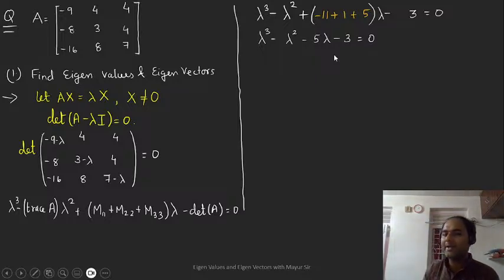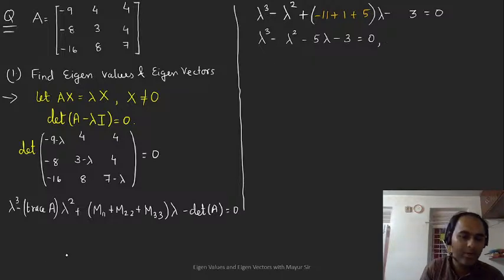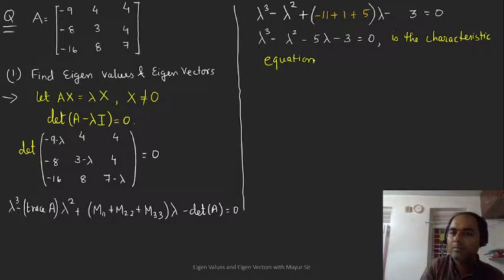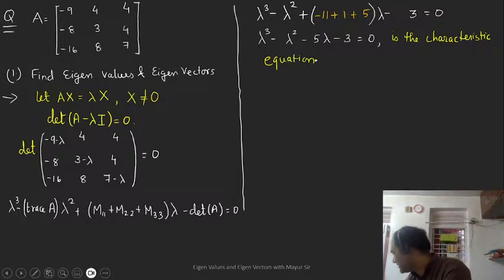Can you calculate how much is the eigenvalue for this equation? What values are you going to get? Also write here, that is the characteristic equation. This is a characteristic equation.